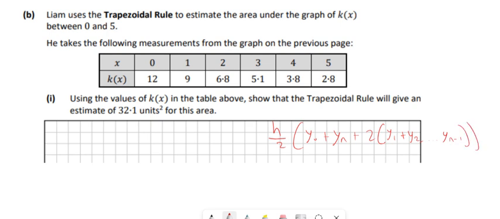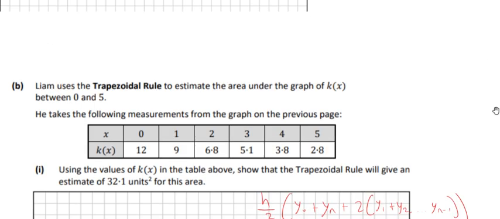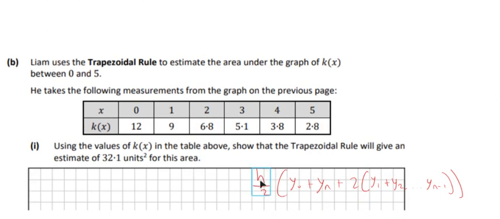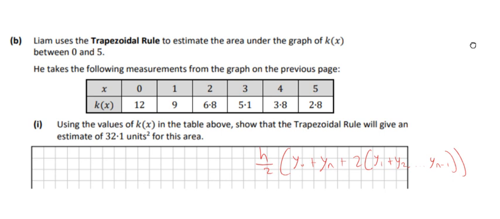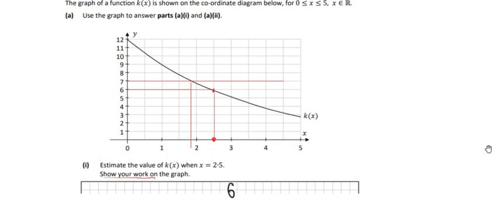And that's what the trapezoidal rule looks like. We need to be able to put in what each thing is. The h here, it might not be h actually in the log tables, I'm not sure, but it's something anyway. That just stands for how far each strip is.